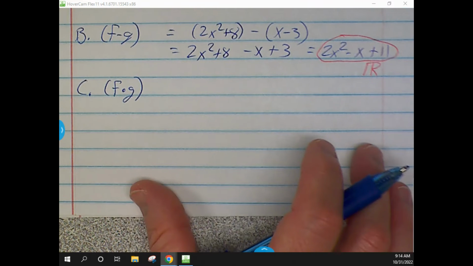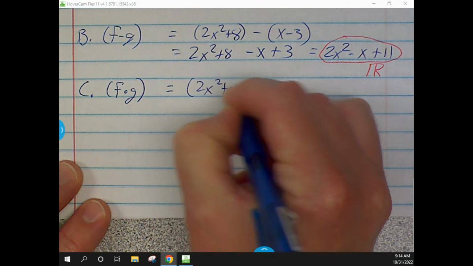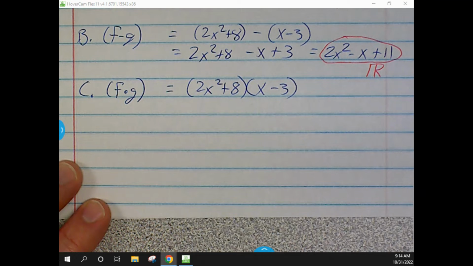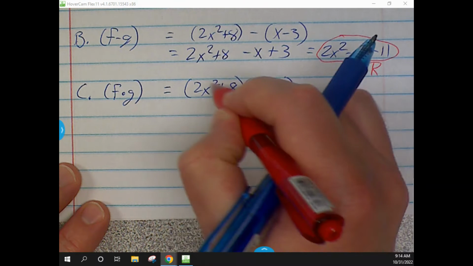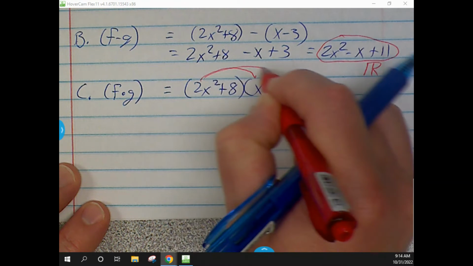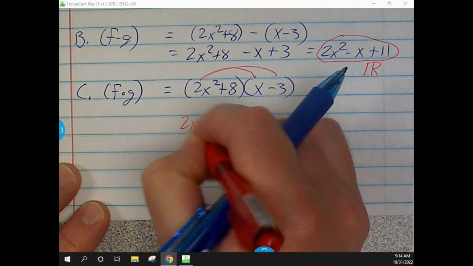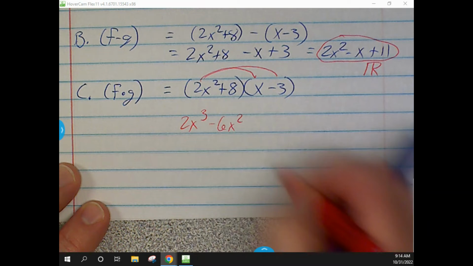All right, for multiplication. Again, this is going to be full method. That's 2x squared plus 8 times x minus 3. All right, so we go 2x squared times x, that is 2x to the third. 2x squared times negative 3, that's a negative 6x squared.